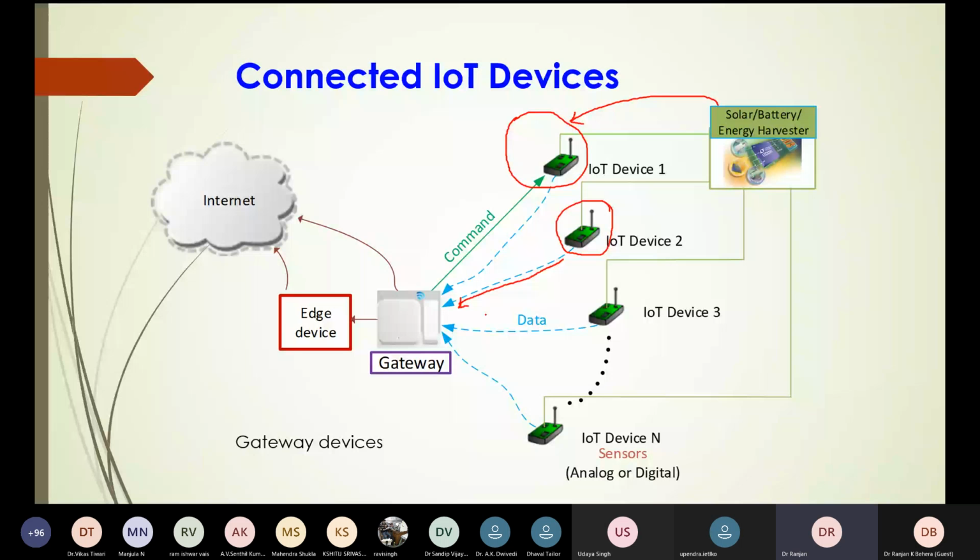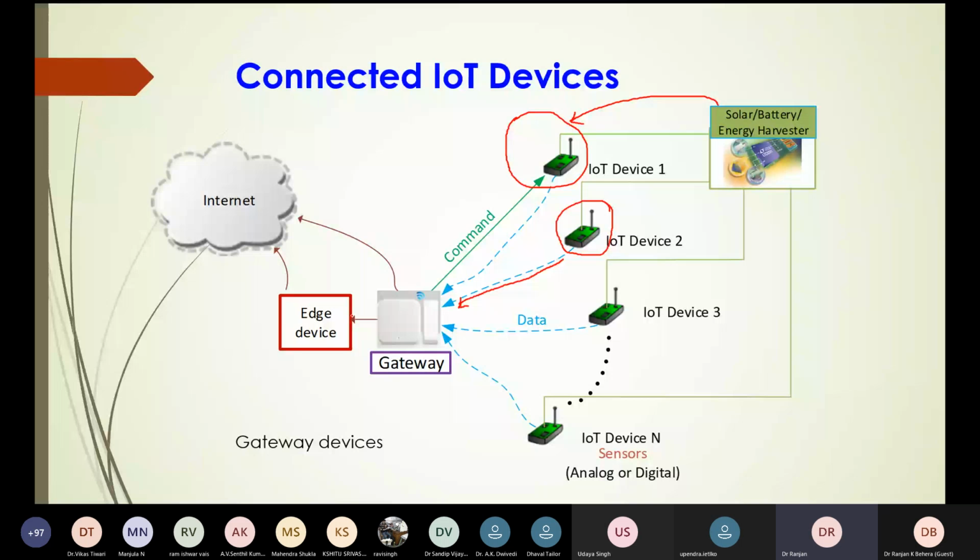The gateway has some computing power, and it can also have a wireless protocol with which it can send to the internet. Then it is connected to the edge device. Edge device means the interface between you and the device, or between the gateway and the internet.